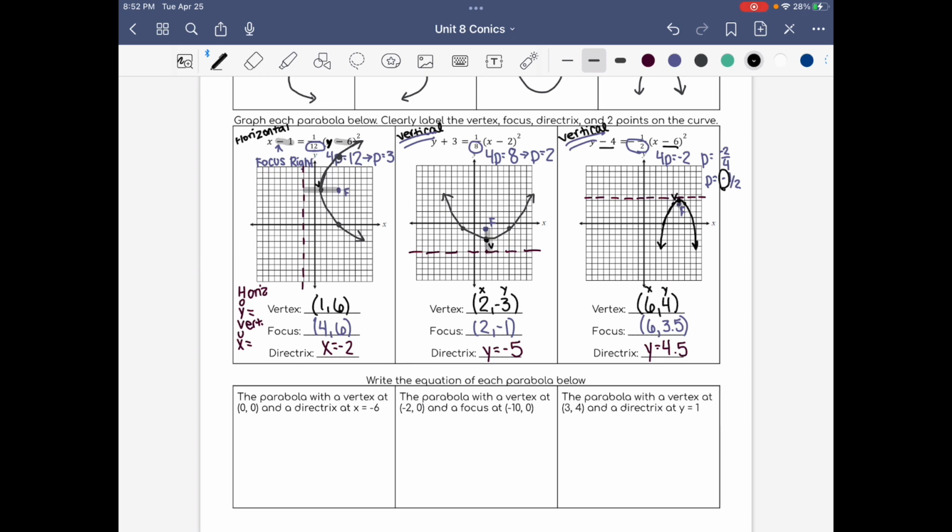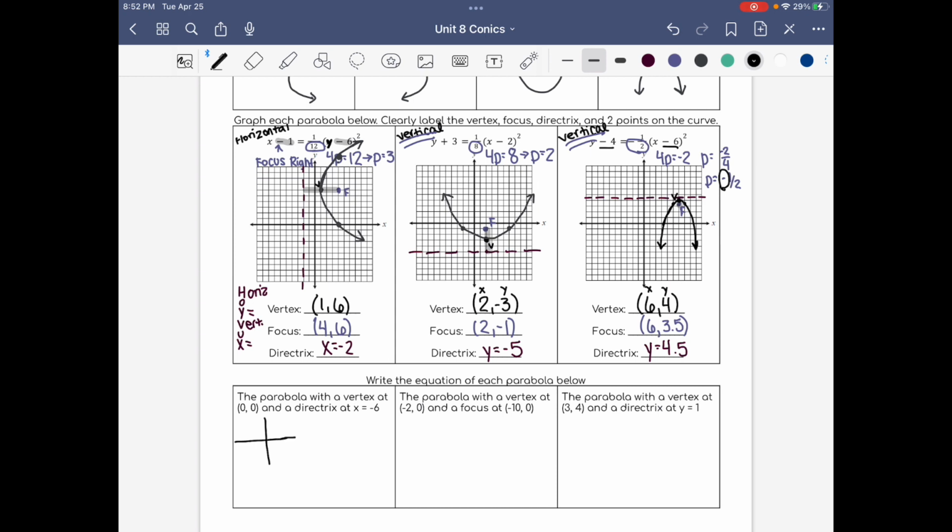Now let's talk about how to write the equation. For the first example, it says write the parabola with a vertex at 0, 0 and a directrix at x equals -6. I'm going to draw a little sketch over here on the left.